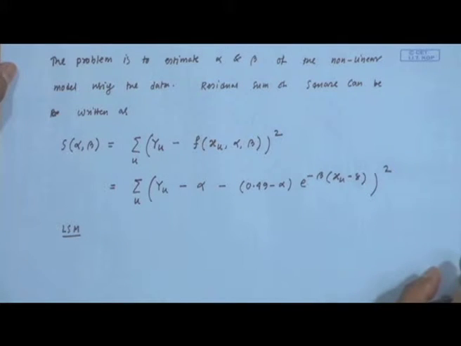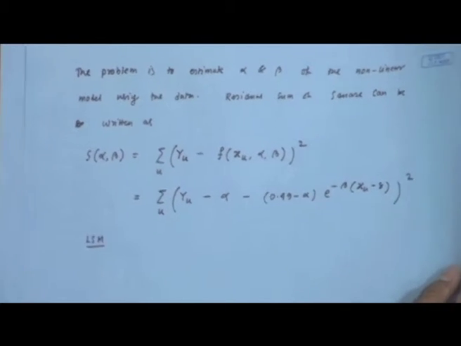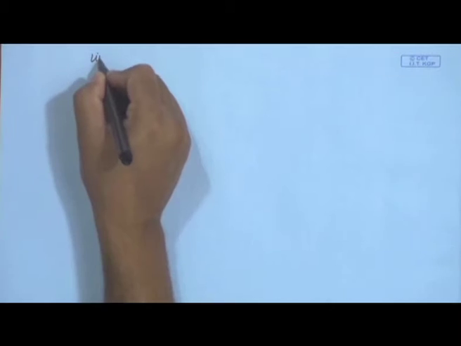So, what we have learned in nonlinear estimation is that we approximate this nonlinear function by a Taylor series, okay, we approximate it by a linear function. The Taylor series involves the derivative of this function. This is called the linearization.